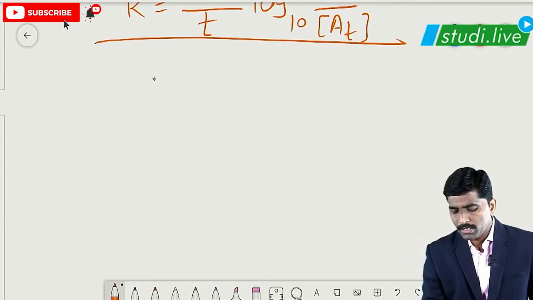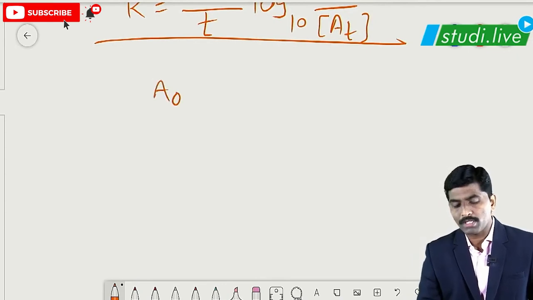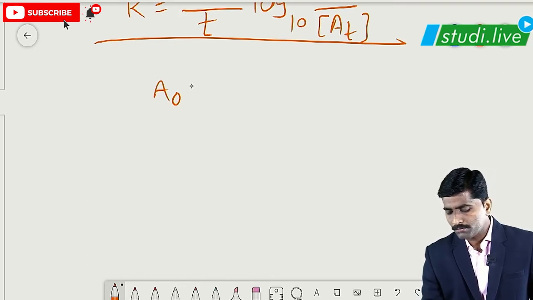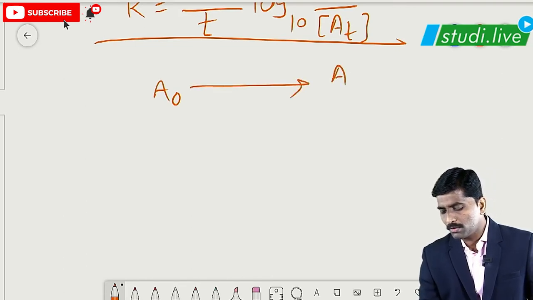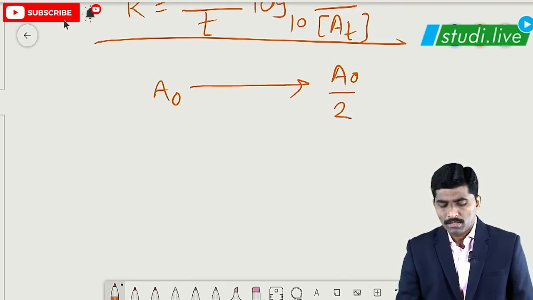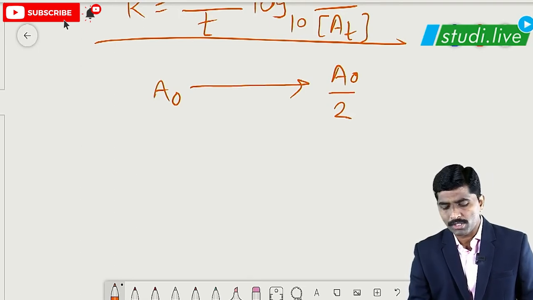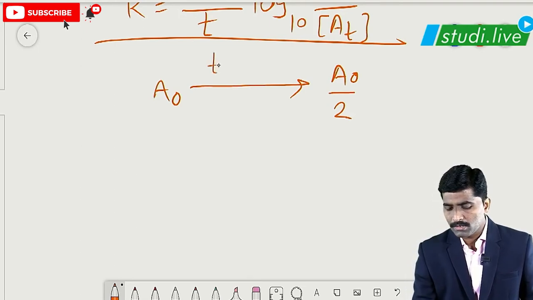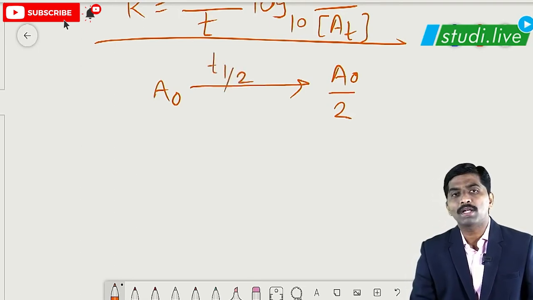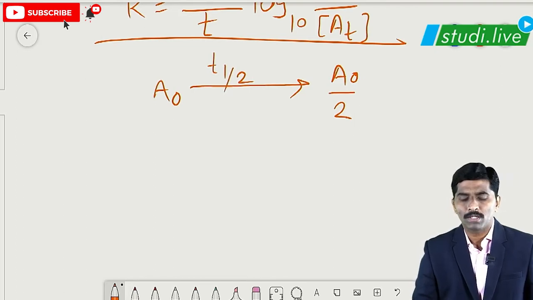Suppose at time t equals 0, I am having concentration A0, and after a certain time I found the concentration has reduced to exactly half of initial. Whenever concentration of reactant reduces to half of its initial, time taken is known as half-life period. Okay.